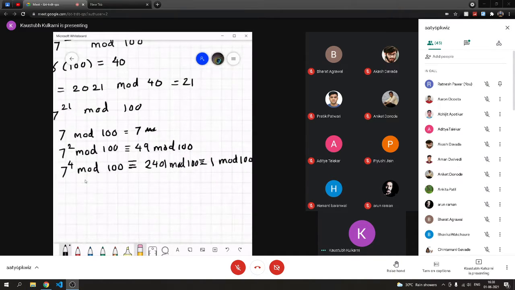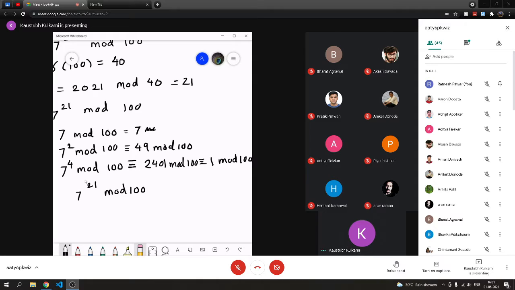Effectively we are simplifying 7 raised to 21 mod 100 as 7 raised to 4 times 7 raised to 4, five times, into 7 mod 100.